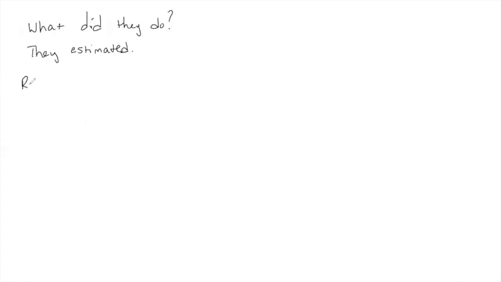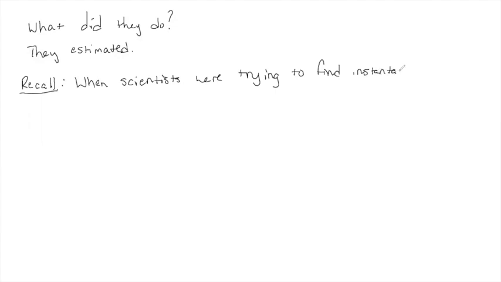So now recall, remember from the beginning of the semester, I don't know if the other Nick explained it in quite this way, but when scientists were trying to find instantaneous velocity, they used estimates of average velocity, right?